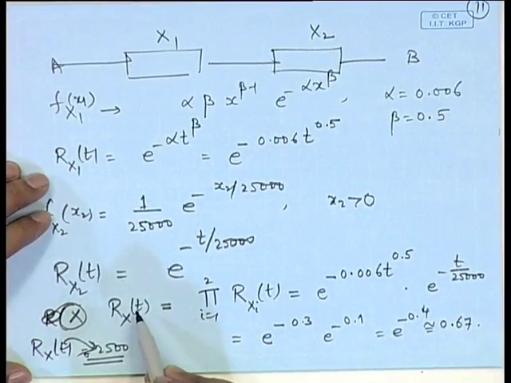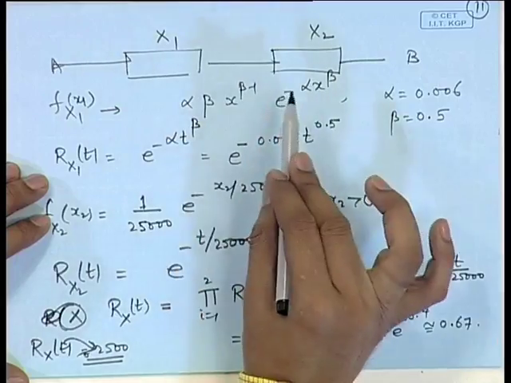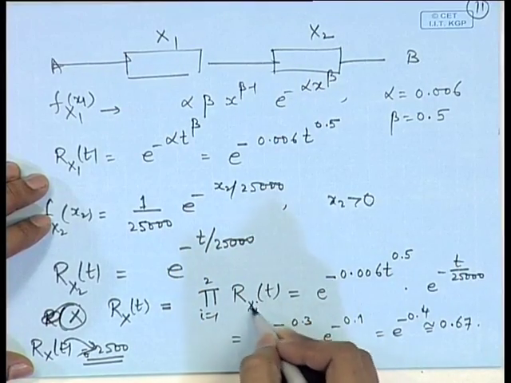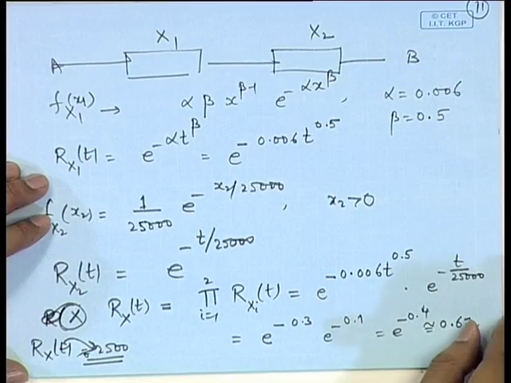So the reliability of the compound system, which consists of two components connected in series, can be evaluated by multiplying the reliabilities of the individual components at the given time.